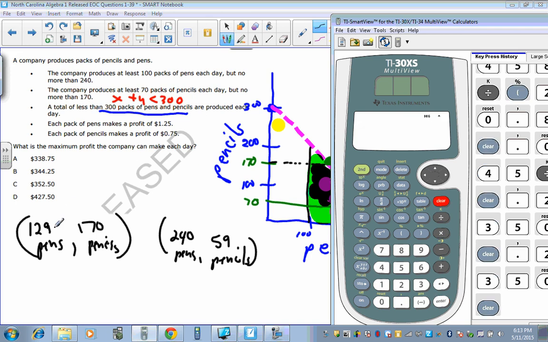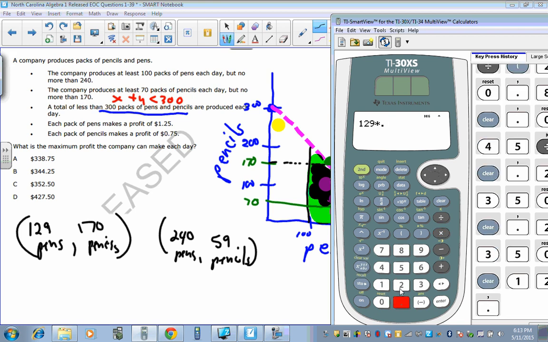So if they make 129 packs of pens, the profit's $1.25 per pack. So 129 times $1.25. Back up and put $1 there.